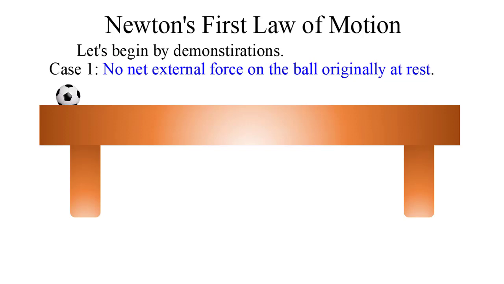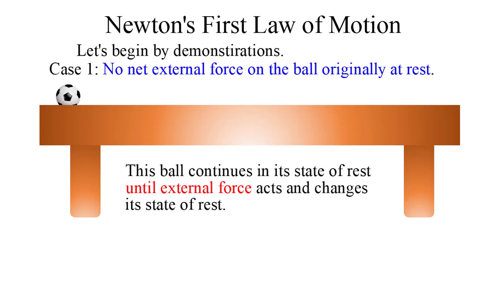Let's begin with demonstrations. The first case we can consider is when no net external force acts on this ball seated on a tabletop, which is originally at rest. As you can see, the ball doesn't start moving. This ball continues in its state of rest until some external force acts and changes it.